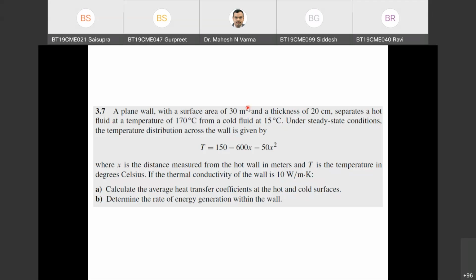Sir, the temperature difference. It was 120, I took 122 by mistake. Sir, the hotter side surface temperature was 150, and the colder side surface temperature was 28 degrees, so I took that difference. Okay, so you should take 28 minus 15.